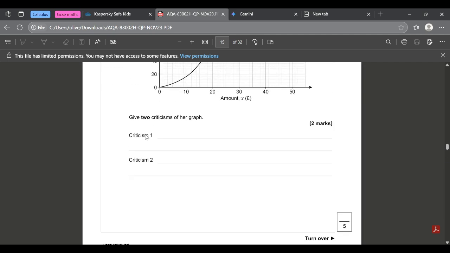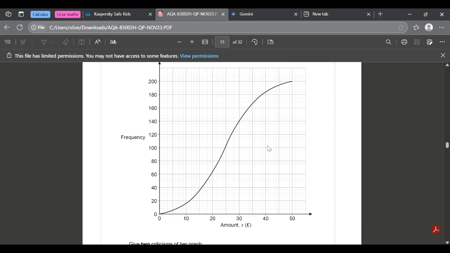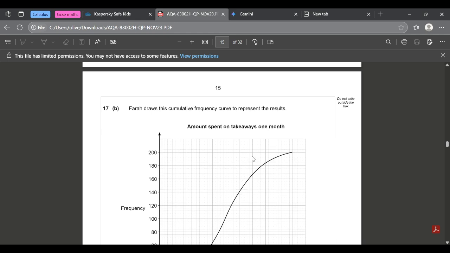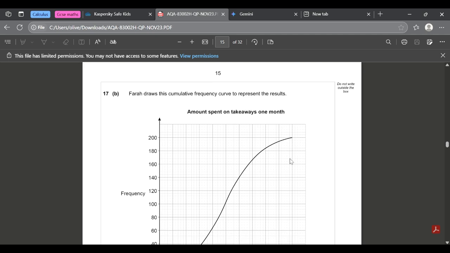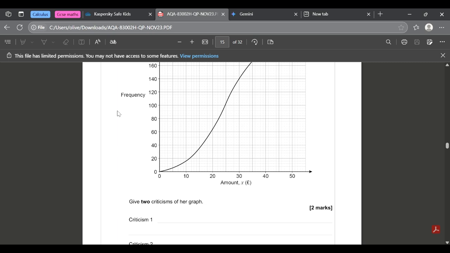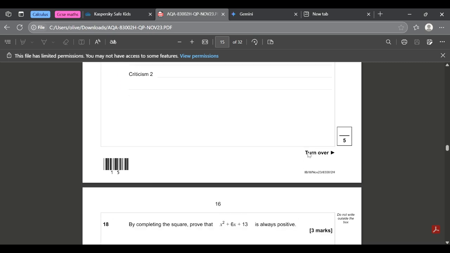And number 2 is that it doesn't reach 200. It only reaches 190, so the line shouldn't reach 200. It should reach 190. So those are the 2 criticisms: this doesn't say cumulative frequency, and this reaches 200 instead of 190.